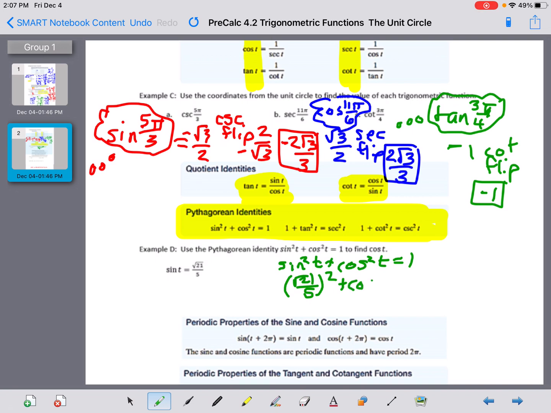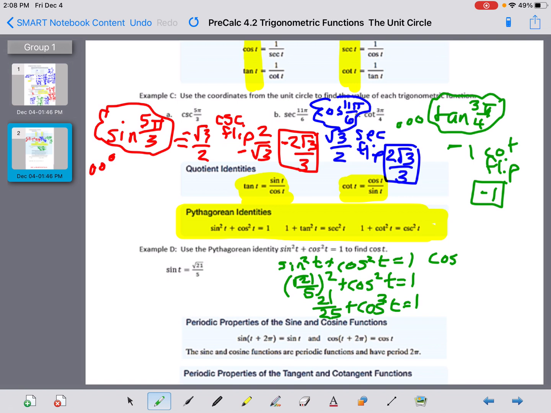So what I can do here is the math, right? I can figure out what cosine squared t is. Square root of 21 squared is 21. 5 squared is 25. I'm trying to get my cosine by itself, so I'm going to take 1 and subtract 21 over 25.